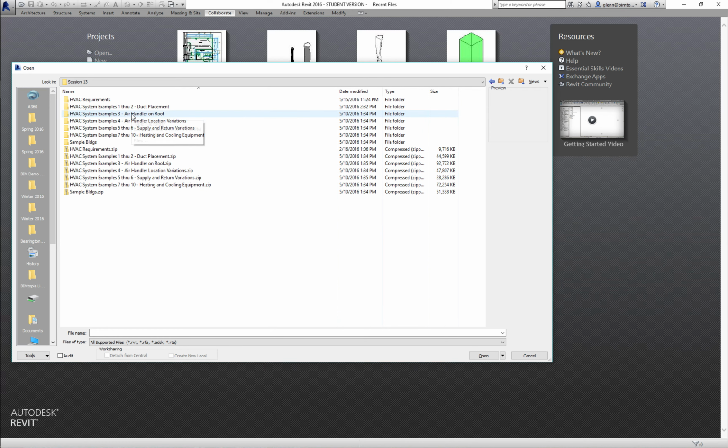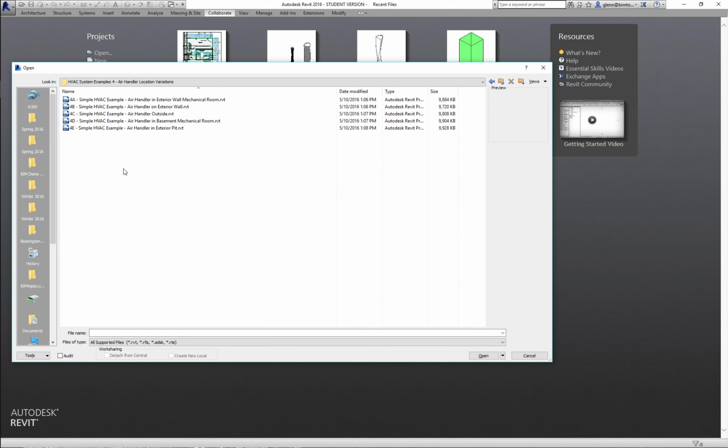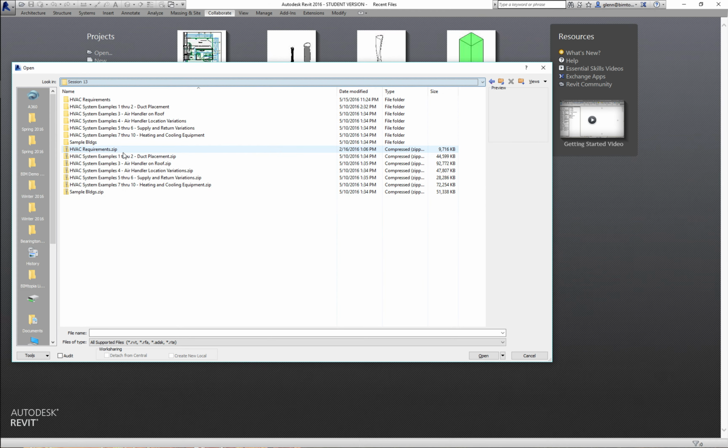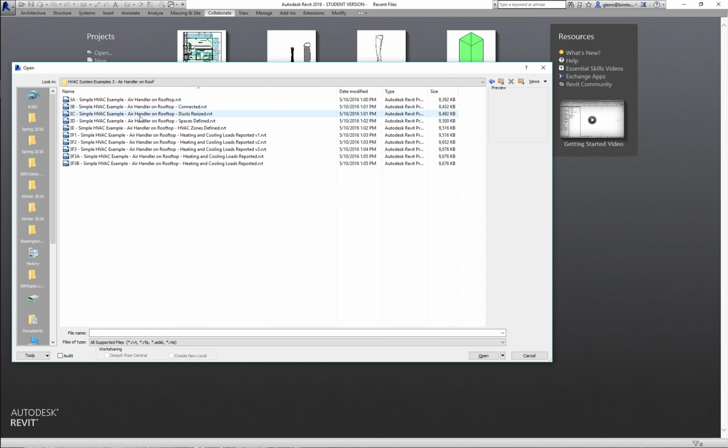I had all sorts of different air handler location variations. And if we take a look at any of those, the air handler on the roof is probably the most common one. Let me go back to that one first and we'll take a look at that. Air handler on roof. Okay, let's go through and see how this all works. So the idea is we have some air handler on the rooftop that is connected, and maybe I'll start with that.